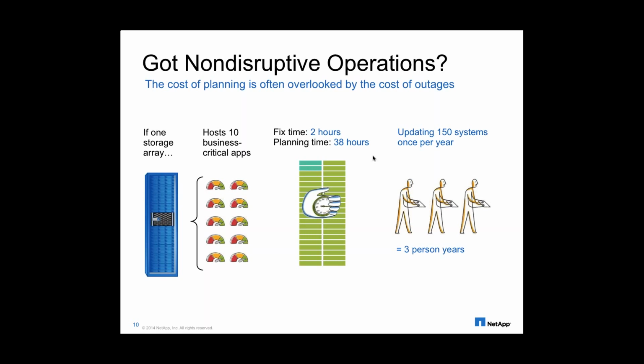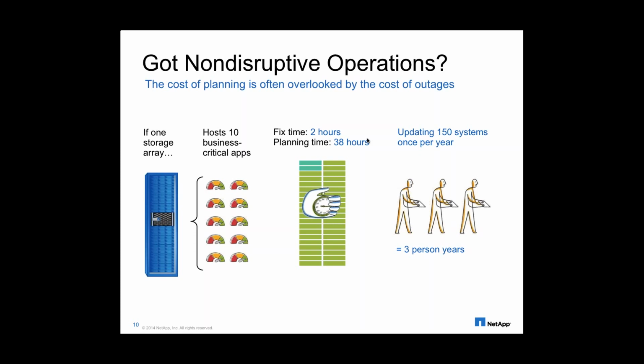If I'm managing 150 systems that need to take a 2-hour outage during the year, that's 3 man-years to be able to manage that. We cannot keep operating like that because we don't have the staff, we don't have the desire. We cannot operate in that mode where outages are killing us.